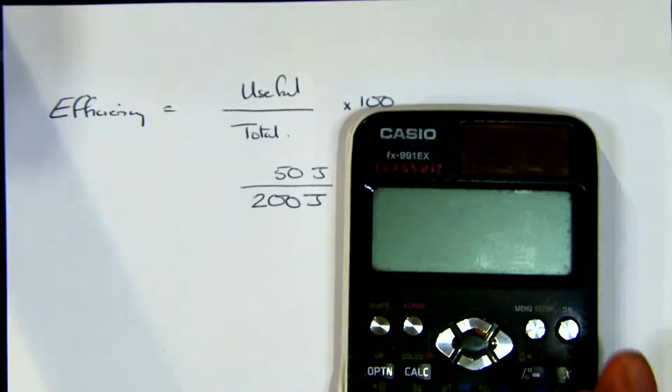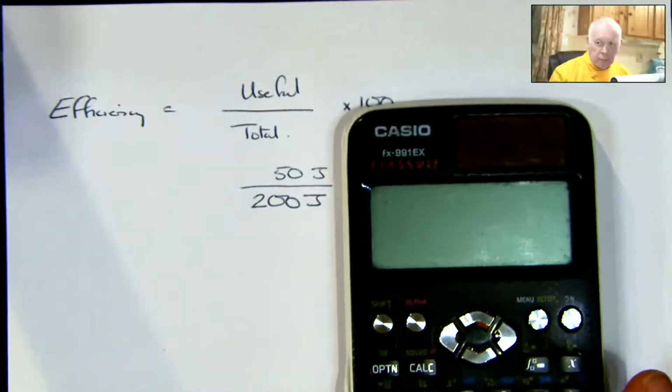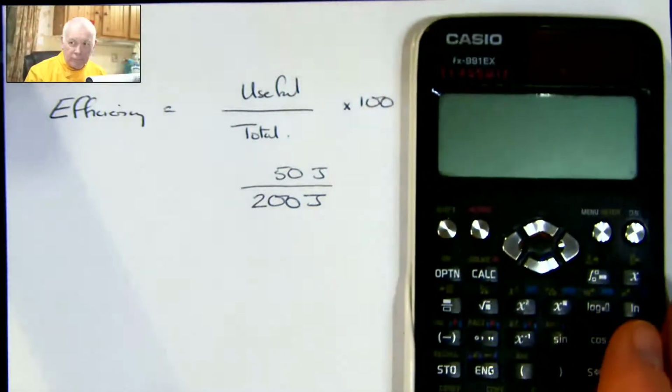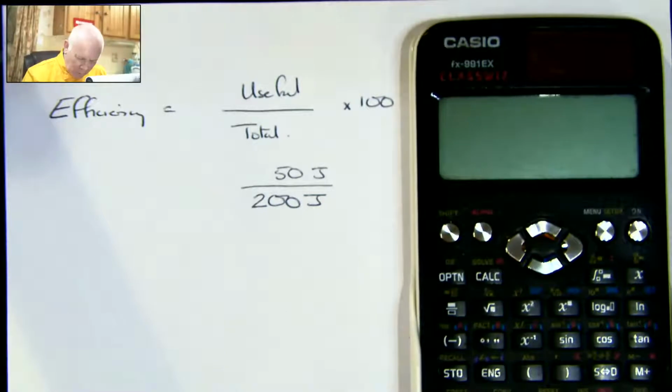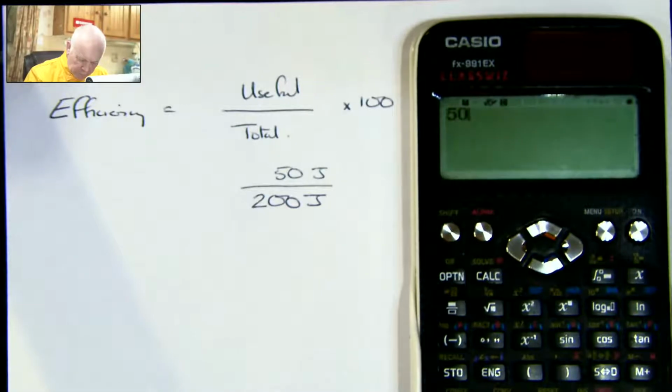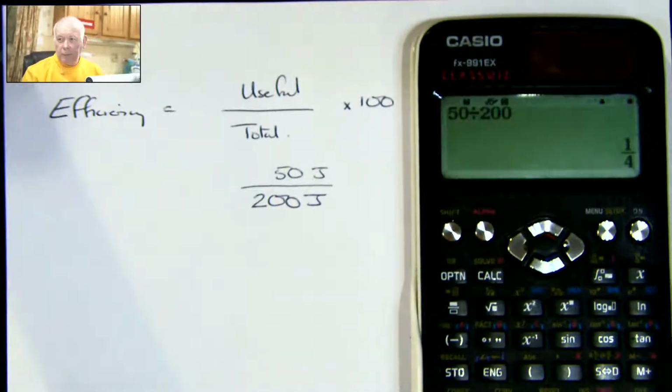Then we simply do the calculation, which is going to be... that wasn't helpful. That's more helpful. Simply my 50 divided by my 200, which is going to give me a quarter, times that by 100, and is going to give me 25%.